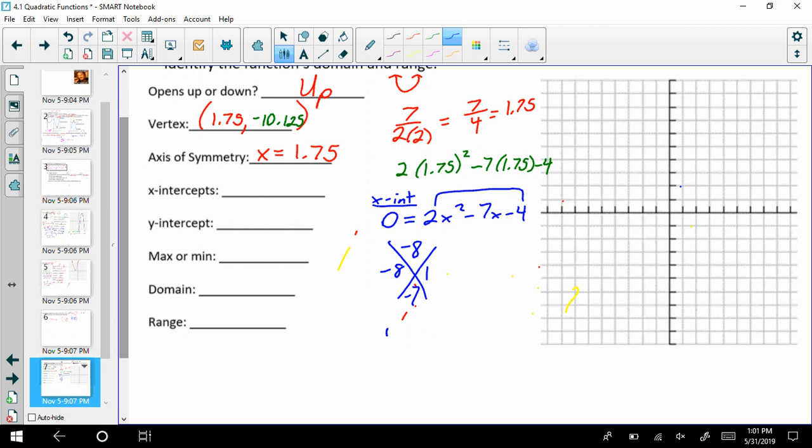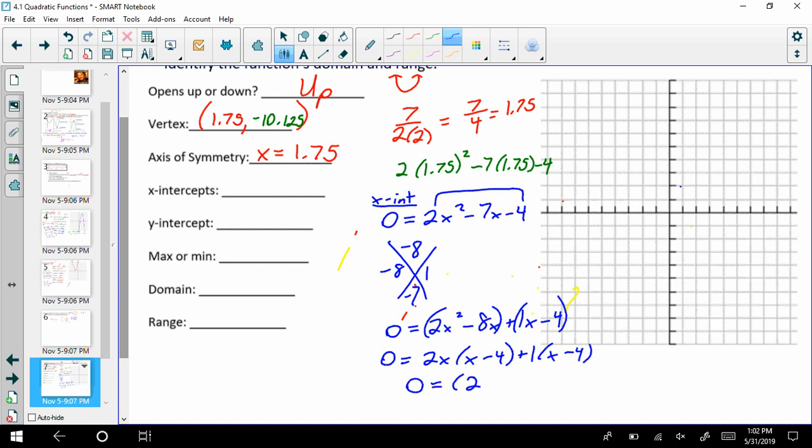So if I rewrite it and group, I can see I get a 2x plus 1 and an x minus 4.